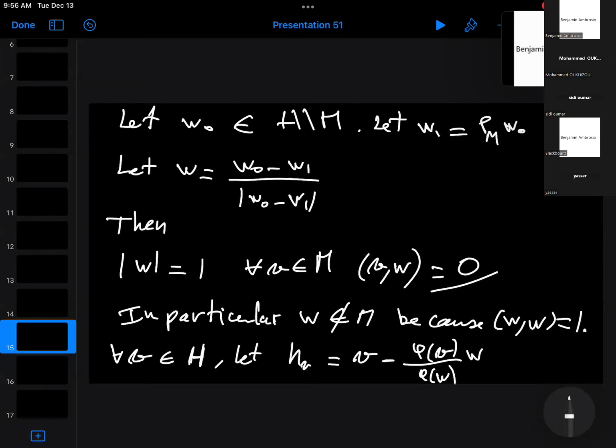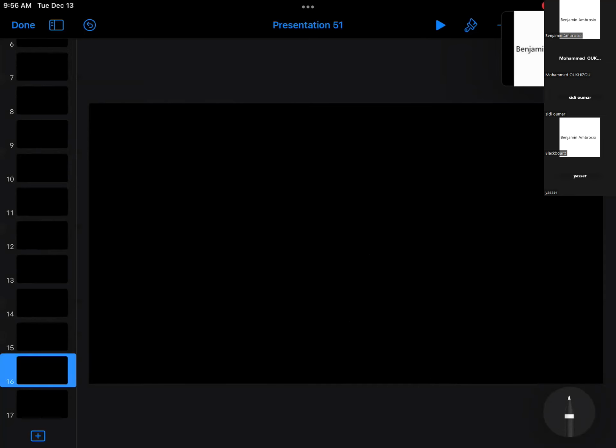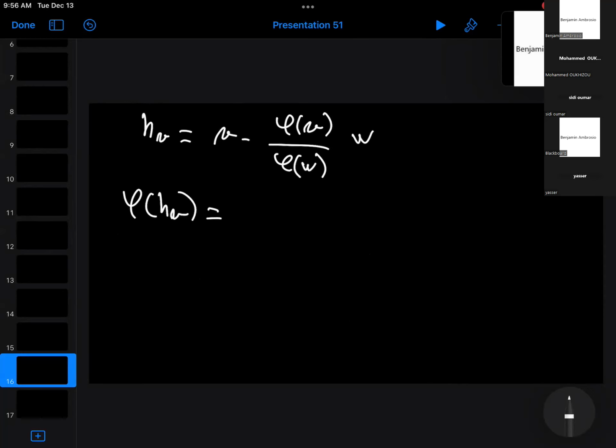So phi of HV equals 0. So HV belongs to M, right?